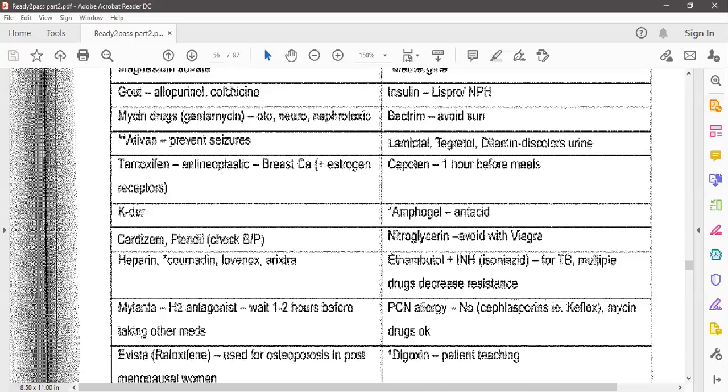Gout is caused by a condition known as hyperuricemia, where there is too much uric acid in the body. The body makes uric acid when it breaks down purines, which are found in our body, and we can find them in food.